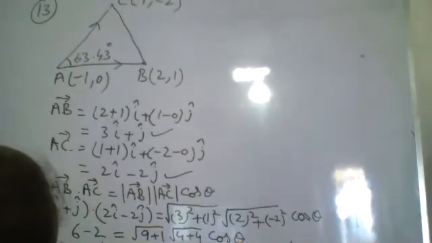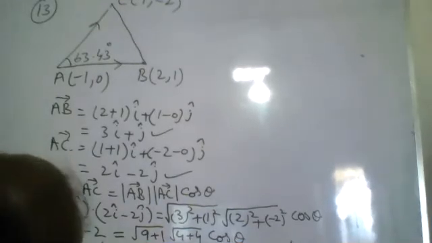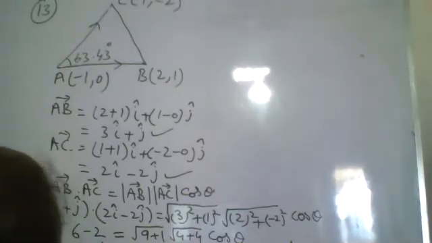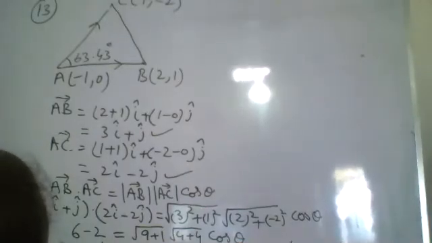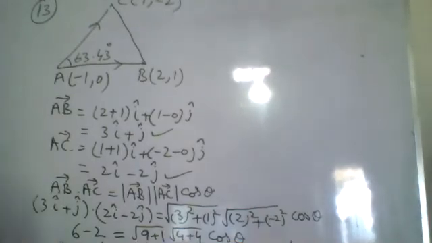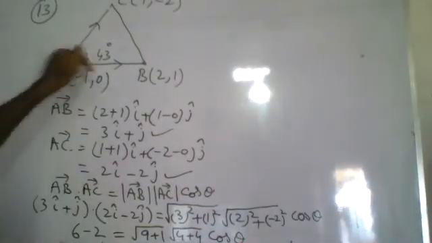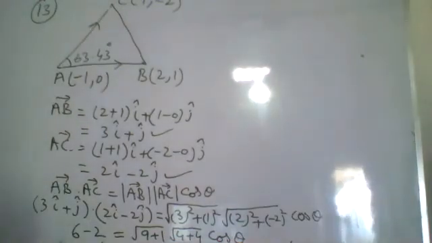In the same way, question number 14. Find the measure of the angles between the diagonals of the rectangle whose vertices are A, B, C, D. You have to write A, B, C, D in order, just like rectangle ABCD.